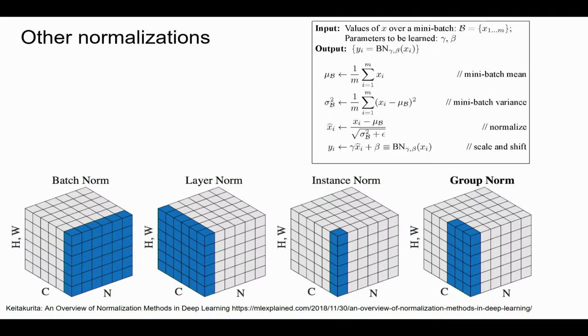So it's all the pixels from one image. I have the batch, this is N, and I have channels: first channel, second one, third, fourth, fifth, sixth. And so batch normalization normalizes a single channel across all examples from a batch, and each channel independently. I'm not sure if you use layer normalization.